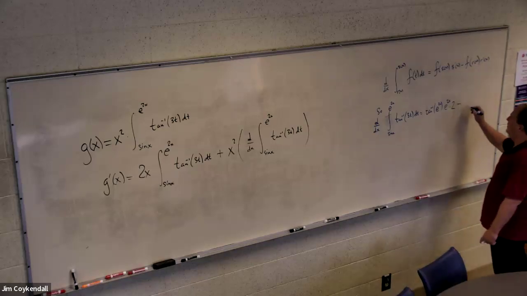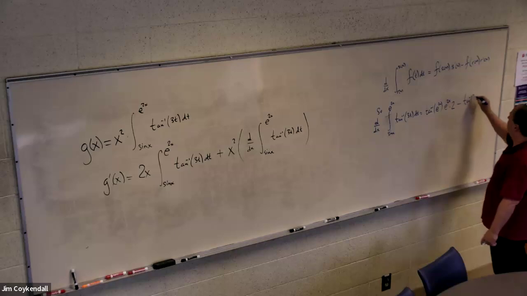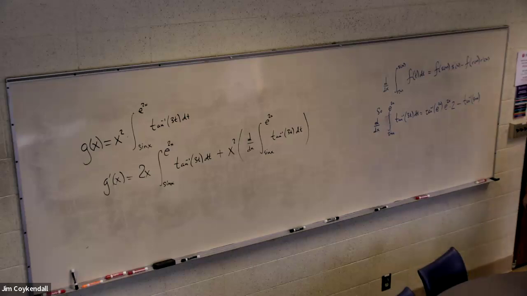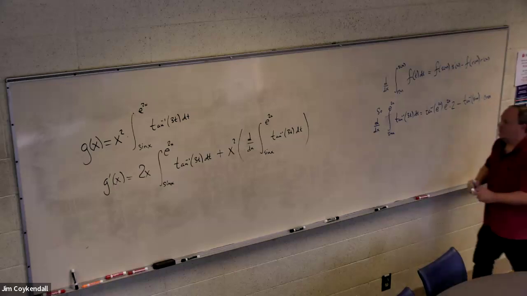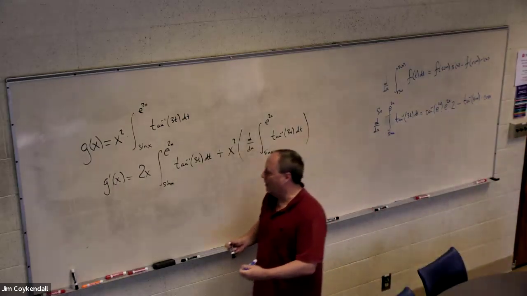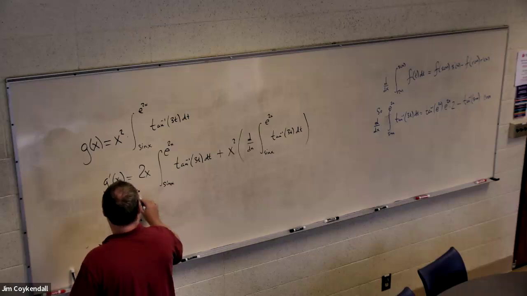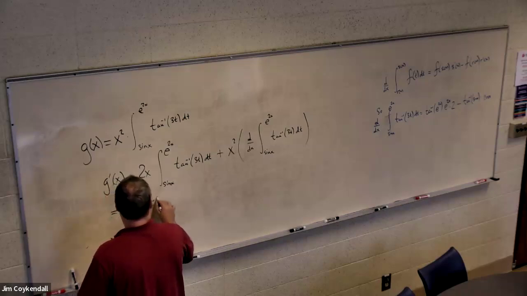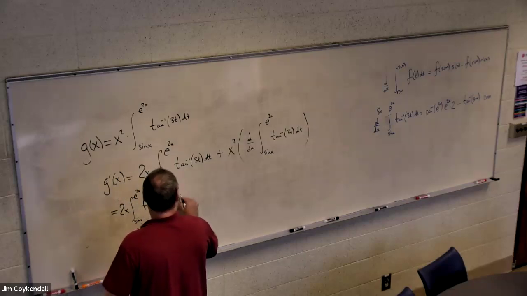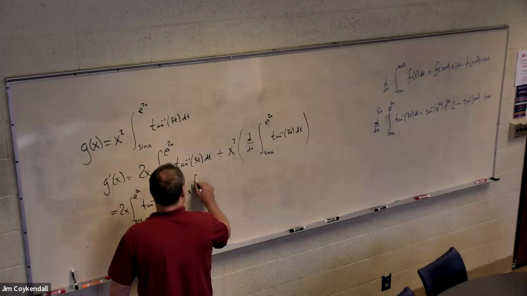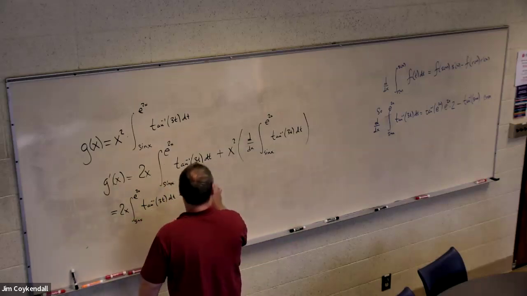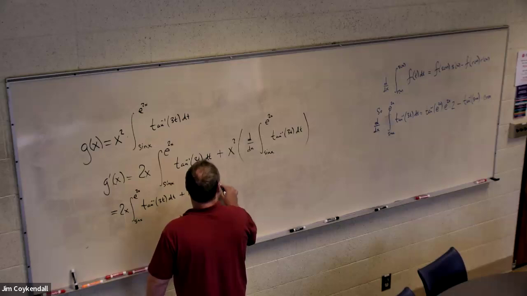Minus, plug in the top. I'm sorry, plug in the bottom, times the derivative of sine x, which is cosine x. So if we just slide this piece in here, we're good to go. I'll write it in all its glory. It's 2x squared times this mess, tangent inverse.